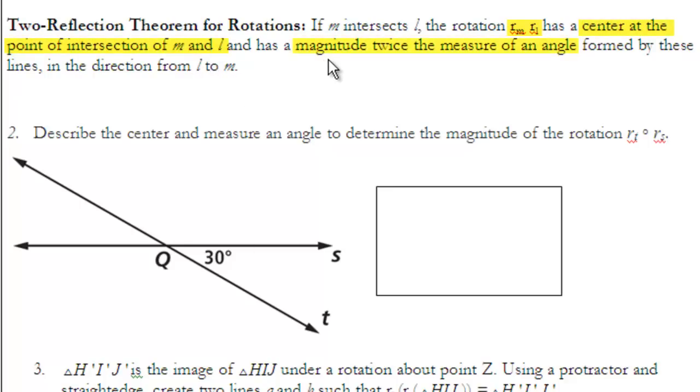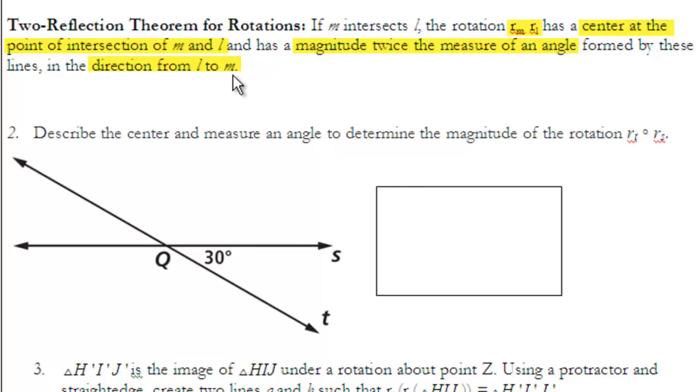It has a magnitude of twice the measure of the angle formed by these lines. So whatever the angle formed by the lines is, we're going to double it to get the magnitude of the rotation. And it will always be in the direction from L towards M, or from the first line of reflection towards the second line of reflection.